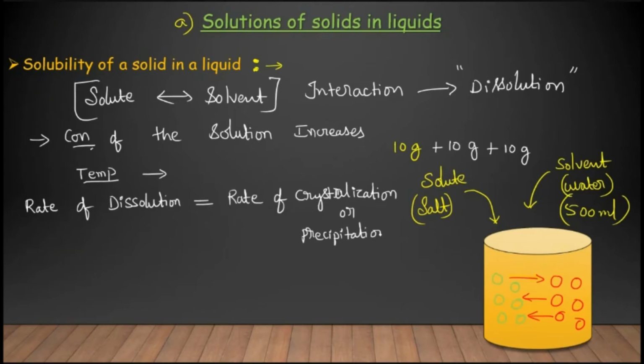So when this happens, say some 10 molecules are getting dissolved in the solvent to form a solution, and in the same way, 10 molecules are getting separated from the solution. So the rate of dissolution becomes equal to the rate of precipitation. We call this state dynamic equilibrium.